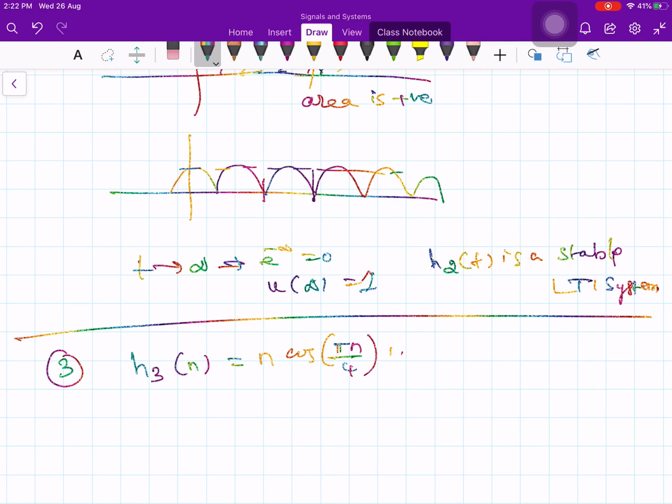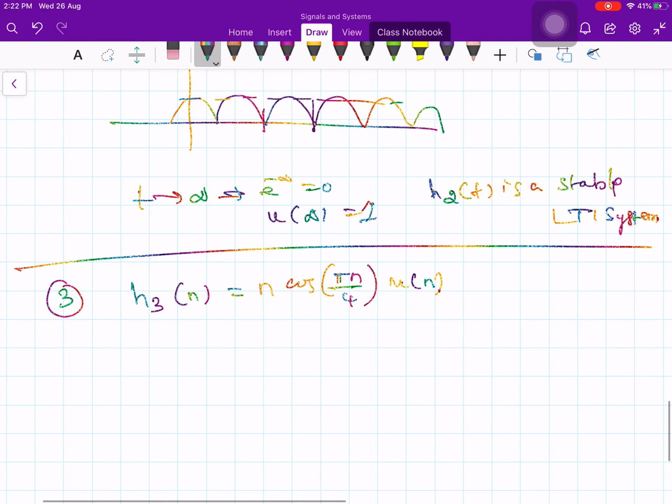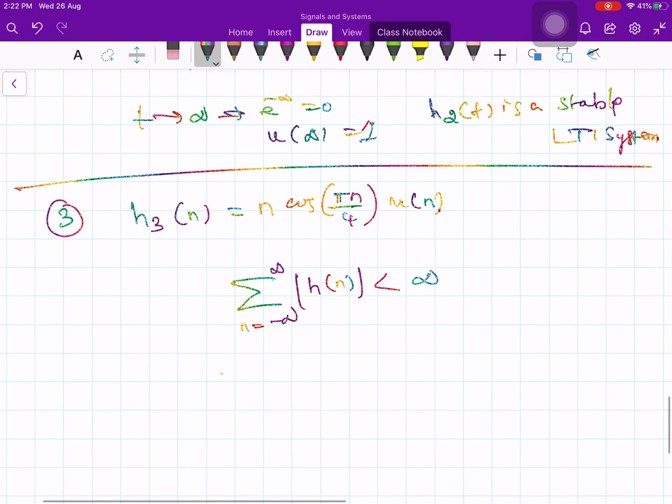So the condition is that it is absolutely summable. When n goes from minus infinity to plus infinity, the sum of the magnitude of h of n should be less than infinity.